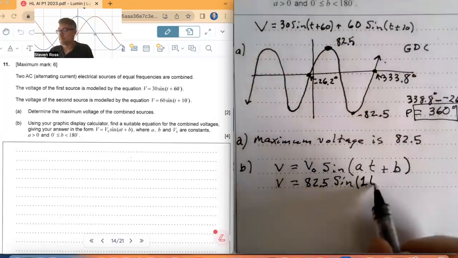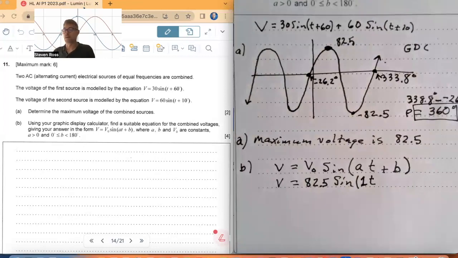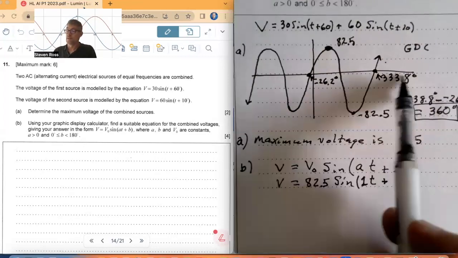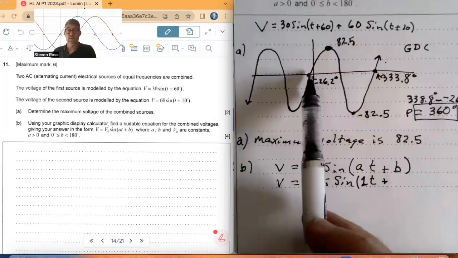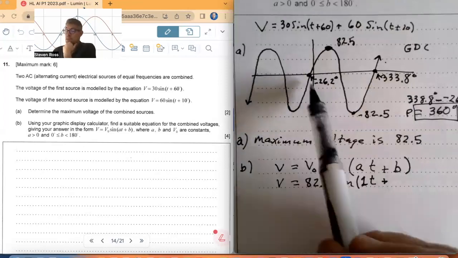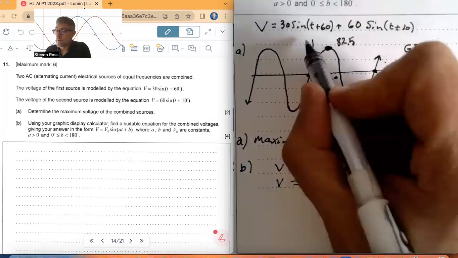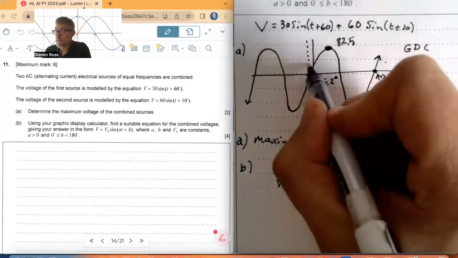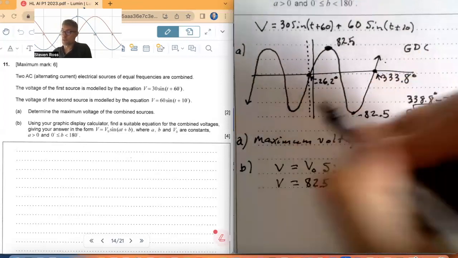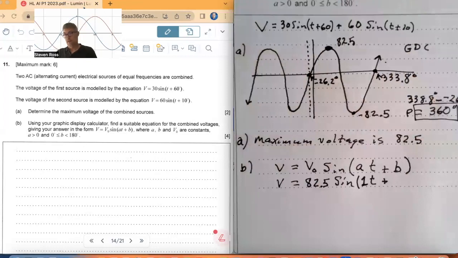And a 1 makes this problem a bit easier. A 1t plus. Now here's my phase shift. This is a sine function, so I know that the sine is going to start on the midline, on the origin, and this phase shift of 26.2 degrees to the left is kind of like sliding the y-axis over to the left 26.2 degrees.